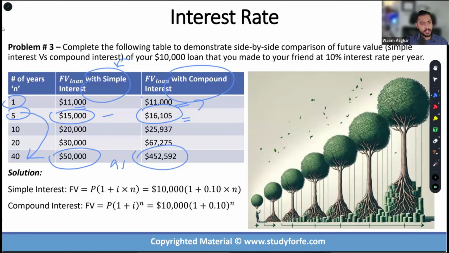There is a 9x difference, rounded up to about 10x difference. And this is the key observation, key distinction between simple interest rate and compound interest rate.